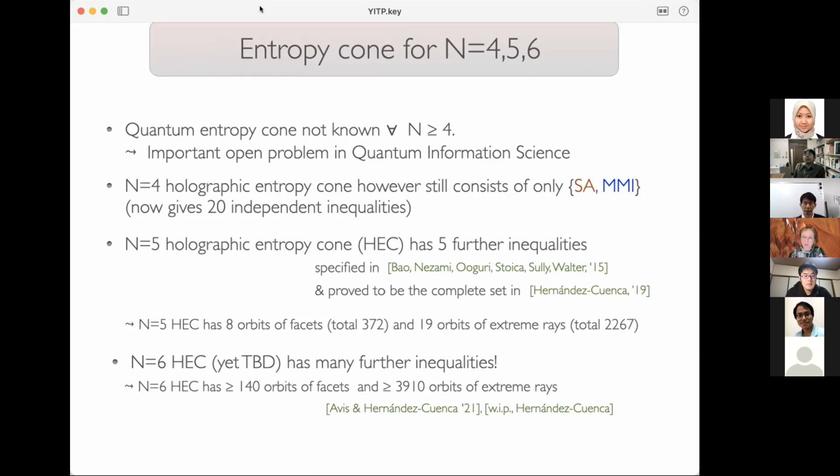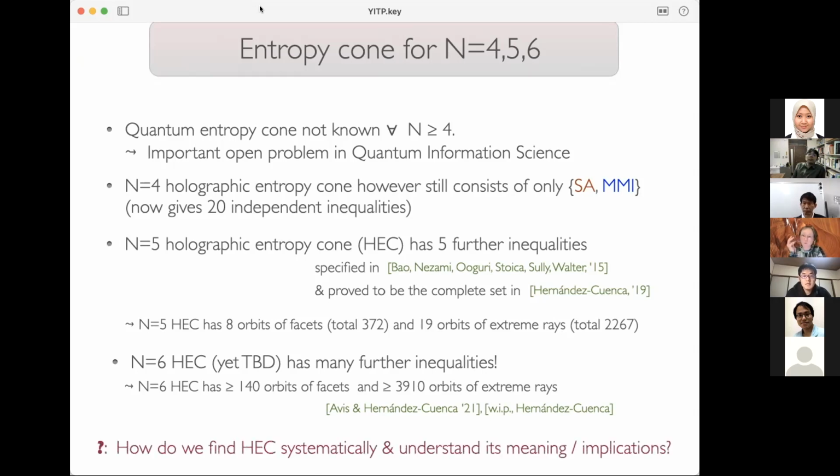And the key question is really, how do we characterize all of them? And how do we understand what these more and more complicated inequalities are actually telling us? What is the physics of it? So it's no good to generate millions of these inequalities if they look complicated and we can't do anything with them.